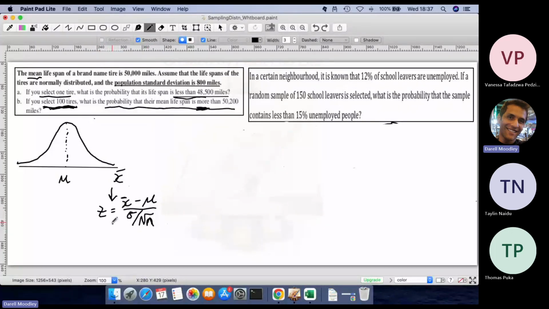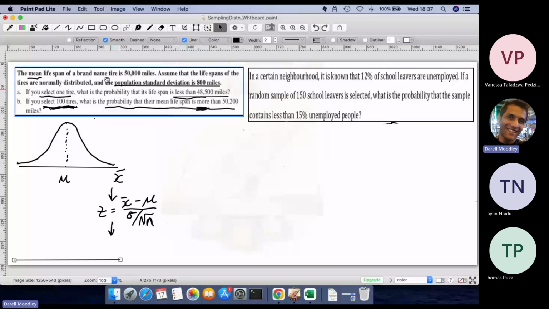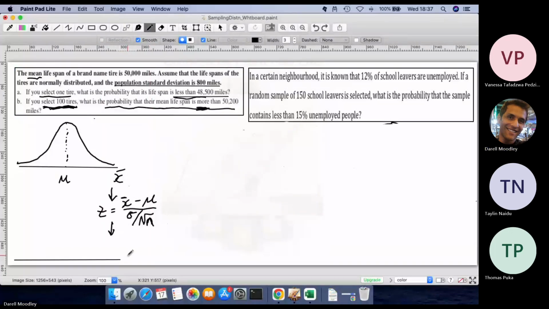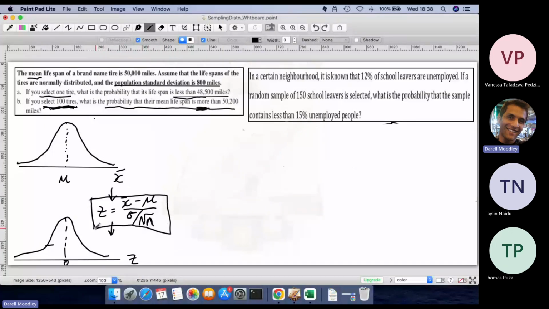That will convert it to Z. And then once you've got your Z value, you can find the probability using the table in the back of your book. Now we have a curve in terms of Z. So it's important that we know how to go from X bar to Z using this formula.